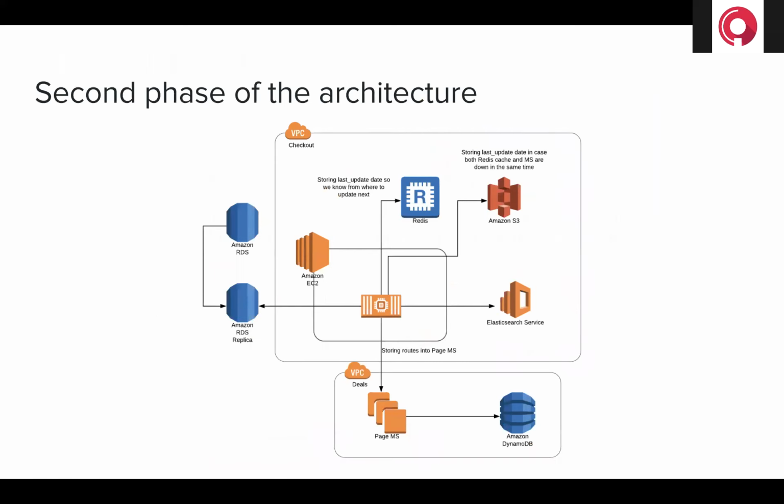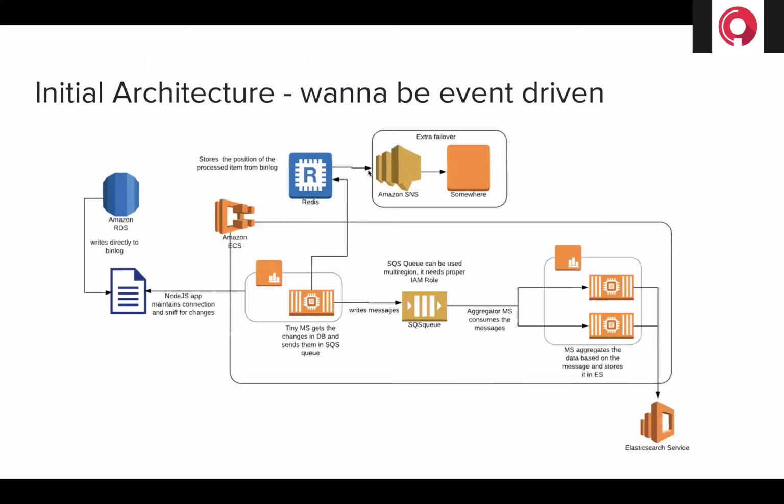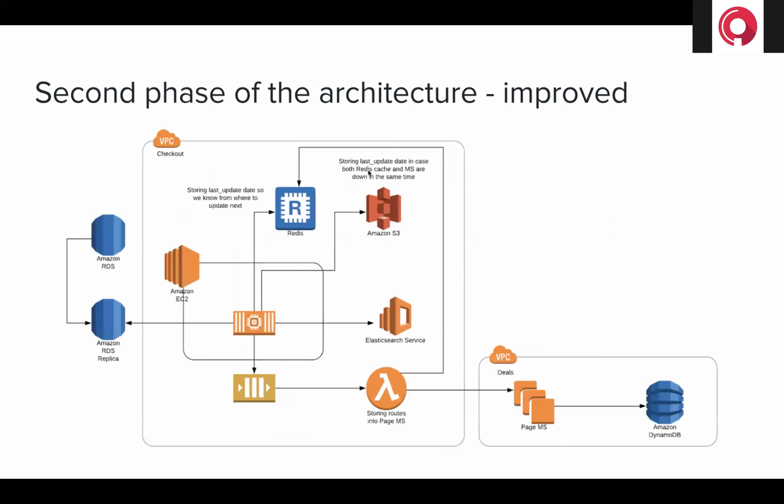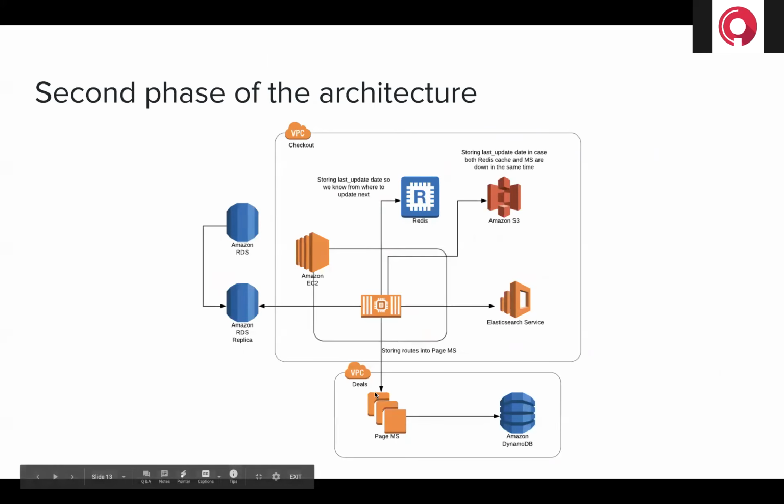This is the second phase of the architecture. The top part is pretty much the same as I explained before. Here, we wanted to add integration with the new system.